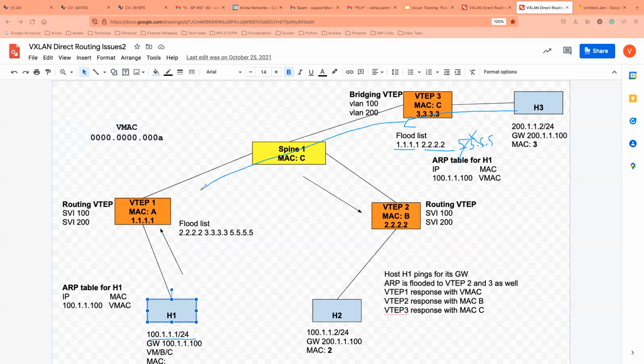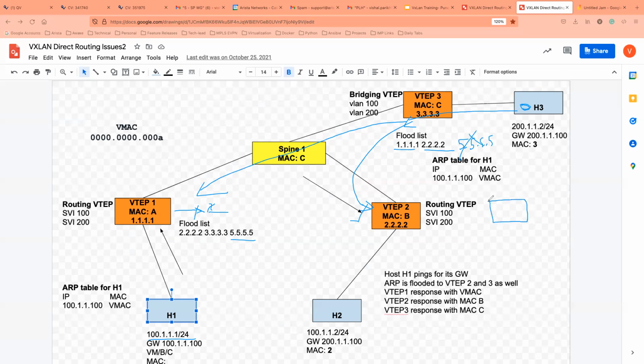The ARP request will go to both VTAPs for the gateway IP. Both will check that the ARP request is for my gateway IP and that they want to reply back, but they check that the outer destination IP is not 555, so they will not reply back. Same for the other one. H3 will never get the ARP reply from any of the VTAPs.